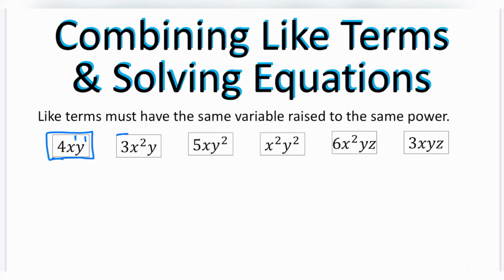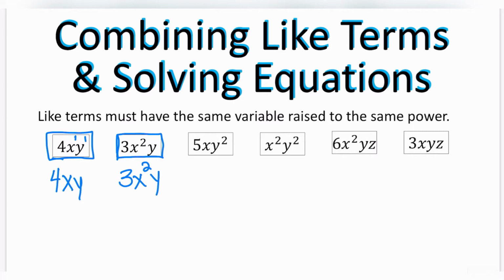In the second one, this is 3x squared y. So these two so far that I have in blue are not like terms. The first one is just 4xy and the second one is 3x squared y. So even though they both have an xy, they are not like terms because the 4xy is not 4x squared y.